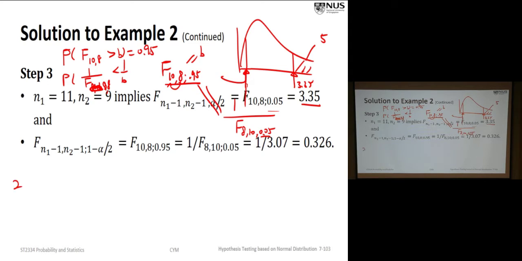If 2 is less than 3, what can you say about 1 over 2 compared with 1 over 3? Bigger than it. So the probability is still 0.95. So what is this distribution? This distribution F(10,x) becomes F(8,10).